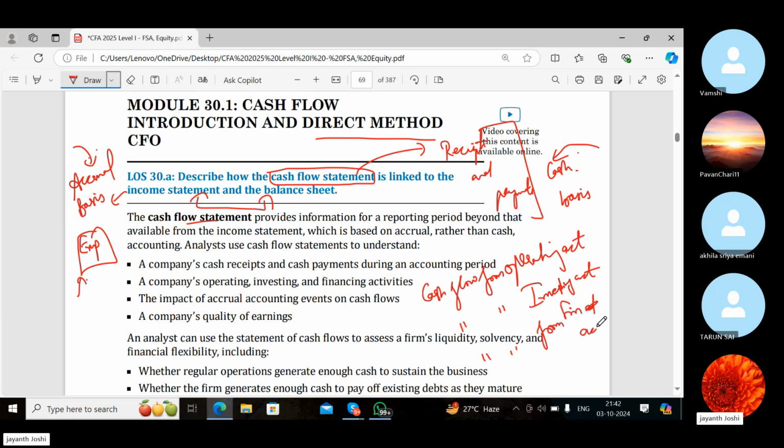These are the three activities which are to be considered for the preparation of cash flow statements. We divide all the cash inflows and outflows from the business amongst these three categories.